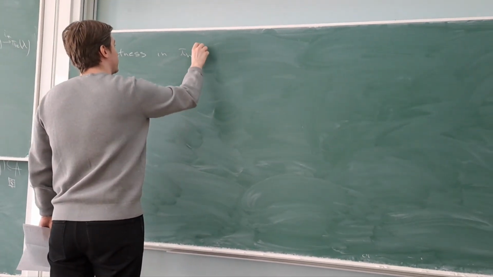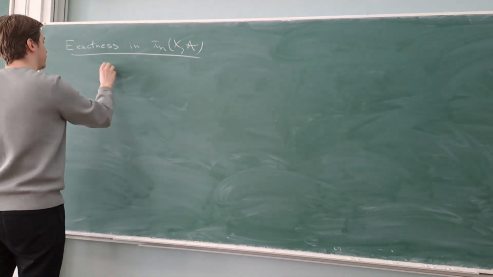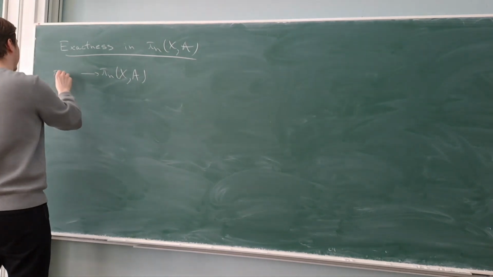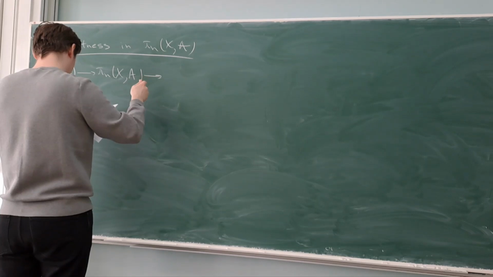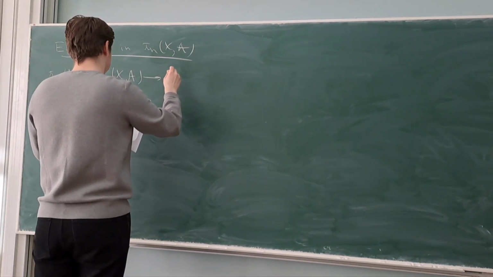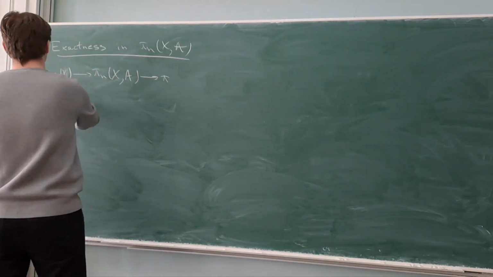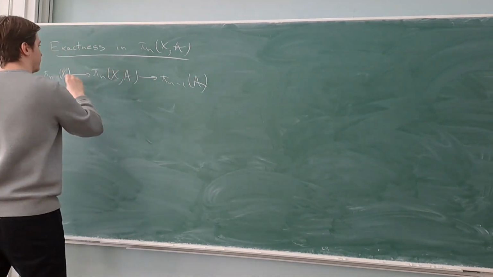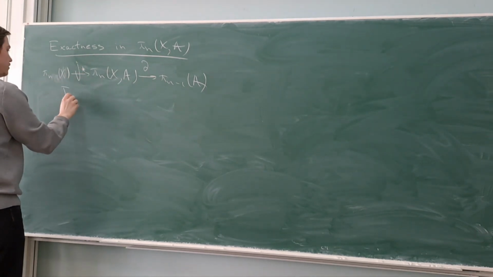In a relative homotopy group. So what do we have? There should be X. So this is delta, this is J star.